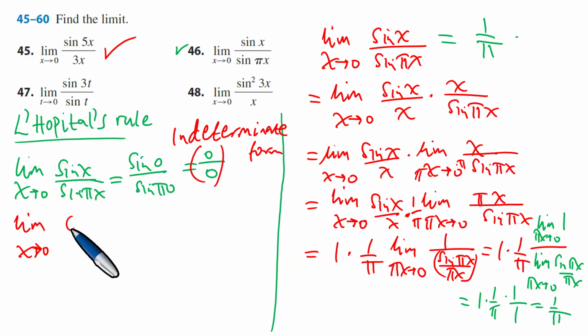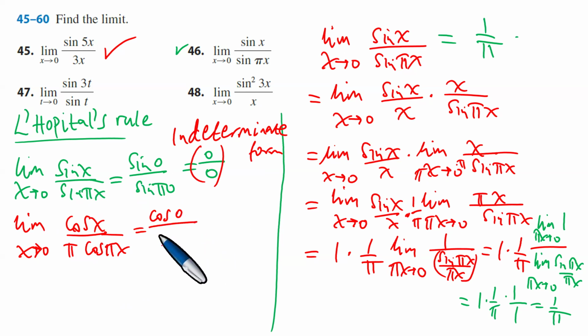So we're going to differentiate the top and get cosine x by using L'Hopital's rule. If you differentiate the sine, you get cosine pi x, and by differentiating pi x, you get a pi. So it is pi cosine pi x by using the chain rule of differentiation. But you have to spend a lot of time on the chain rule. At this point, you can take the limit again.